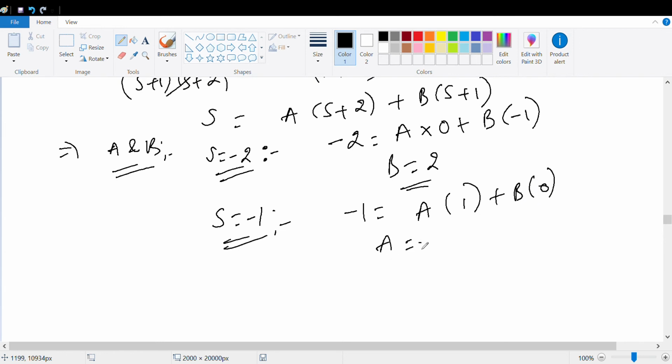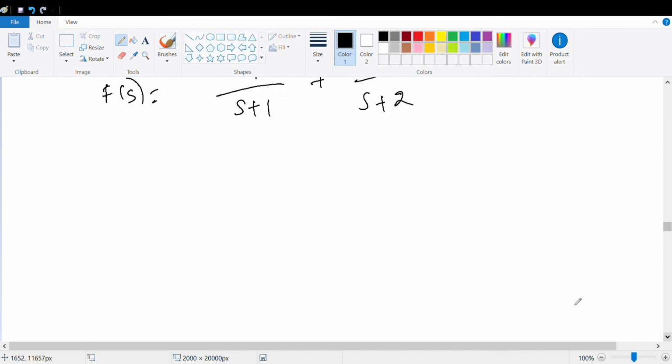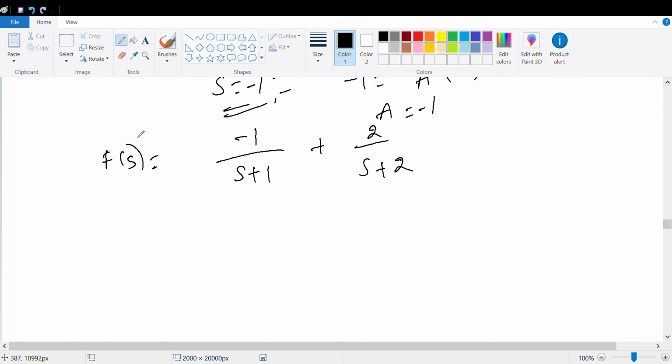So A is equal to minus 1. So now our function F of s is A, minus 1 by s plus 1, plus B, minus 2 by s plus 2. This is the partial fraction expansion of our function.